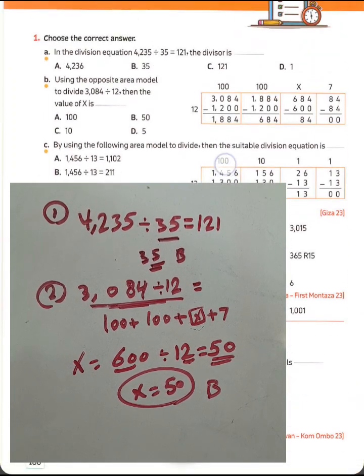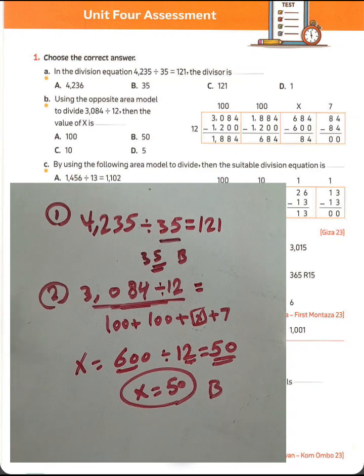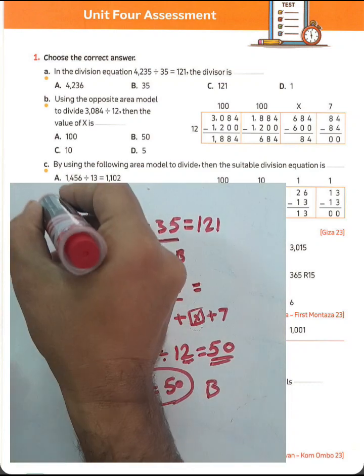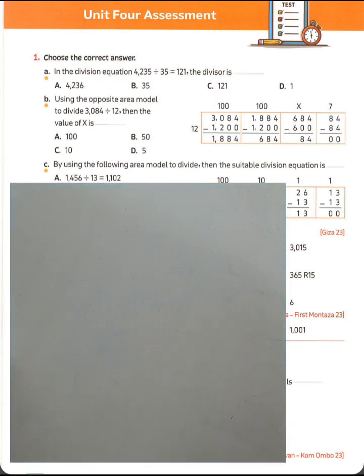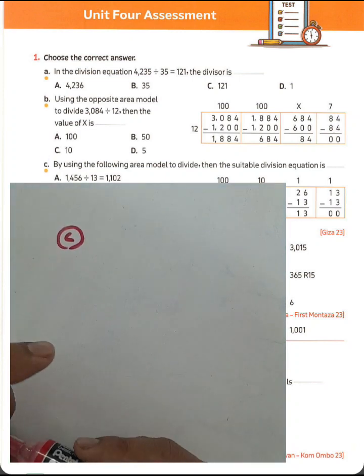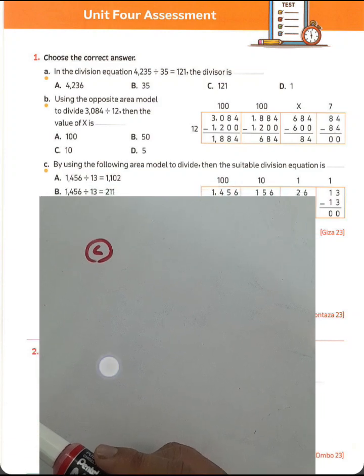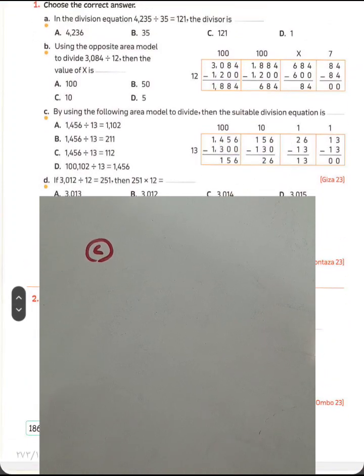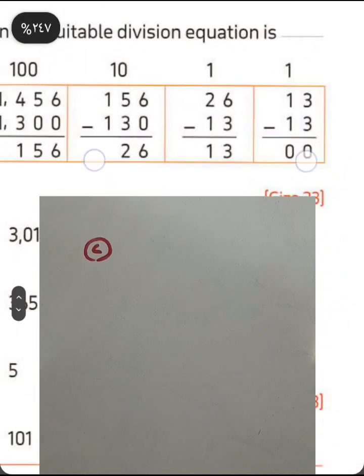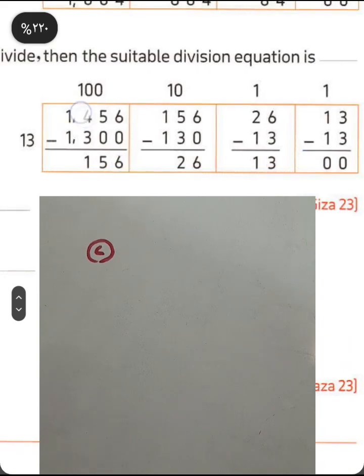Okay, it was question letter B, and now we'll solve letter C. Look at letter C here. By using the following area model to divide, what is the suitable division equation? Look here with me. We know the dividend is 1456.